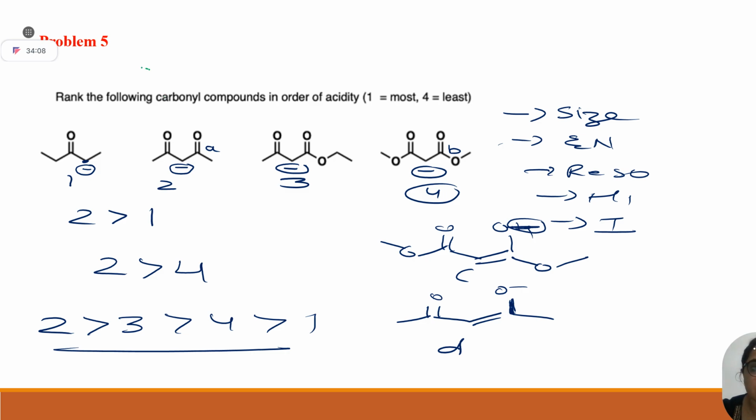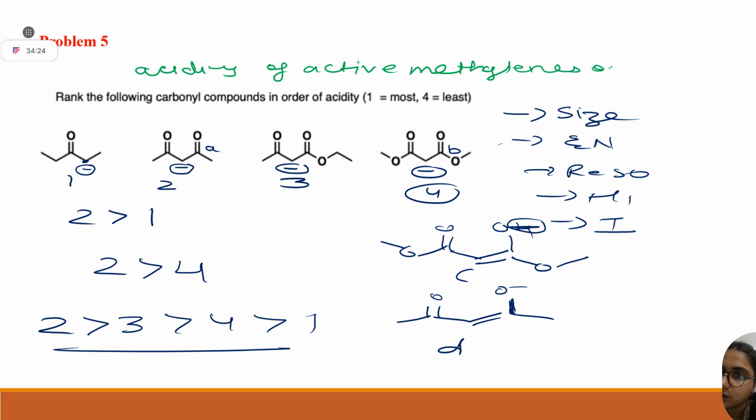What I was saying: acidity of active methylenes of aldehydes will be greater than ketone, which will be greater than ester. So, rank in order, first, 1 equals most. Okay, that we have done.